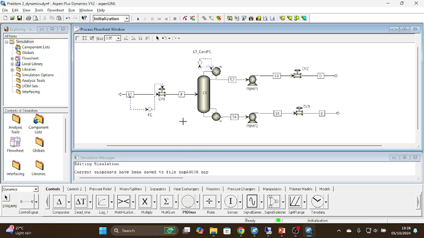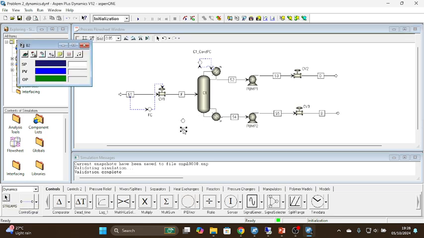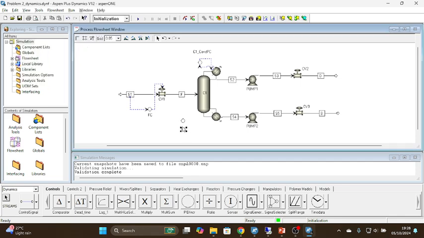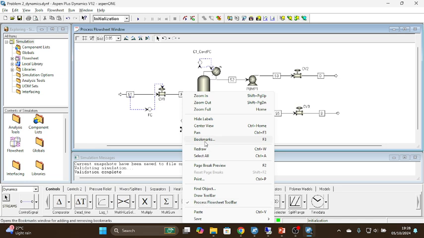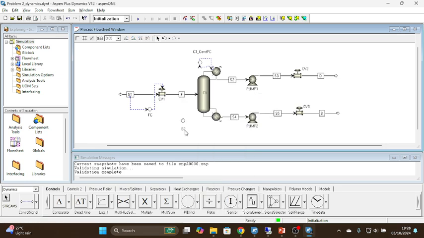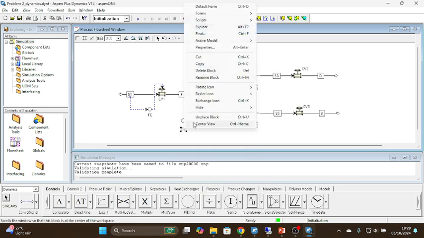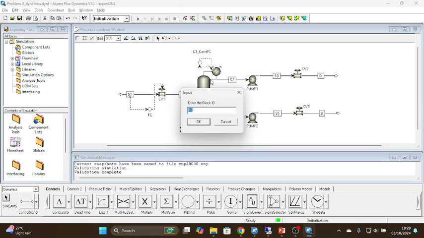Let us add the temperature control first. So this is a temperature controller. Just let us rename this. This is temperature controller.